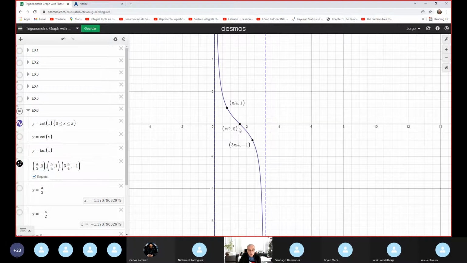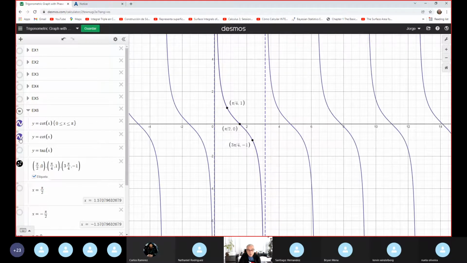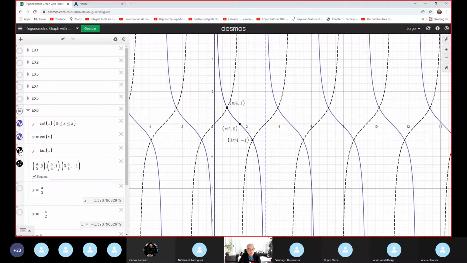At pi over 2 the tangent is undefined and the cotangent is 0. At 3 pi over 4, the tangent and cotangent have the same value, negative 1. And at pi, the cotangent is undefined, but the tangent is 0.